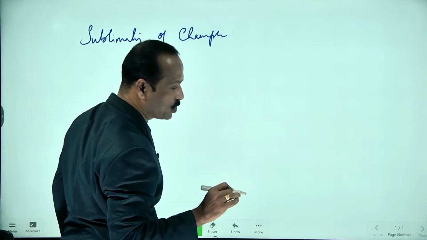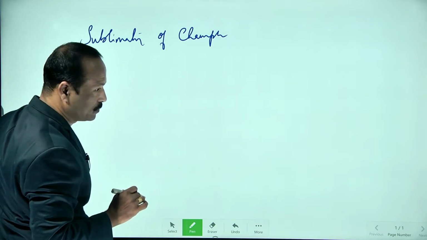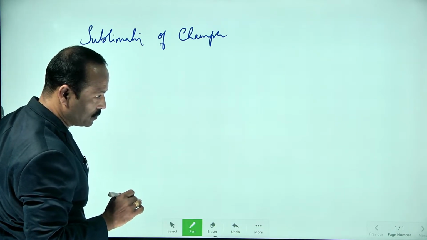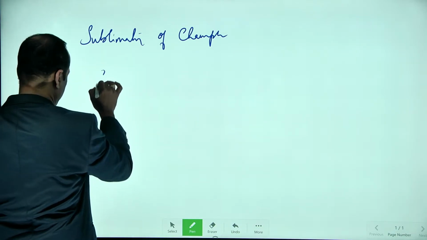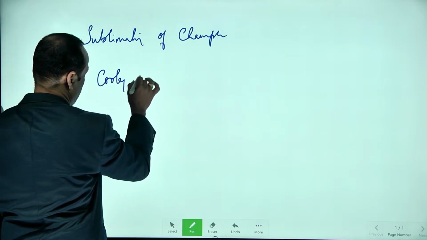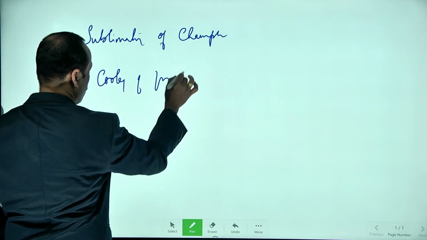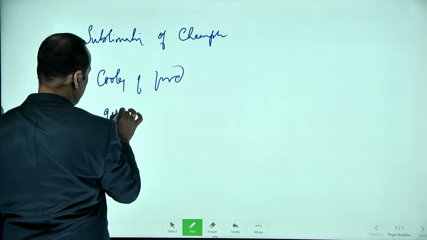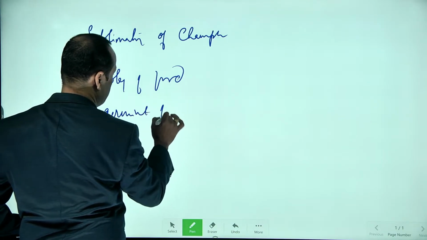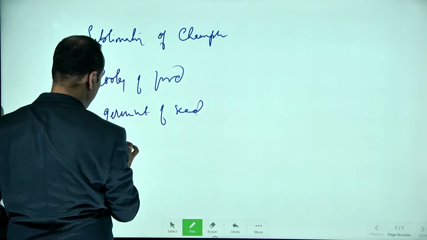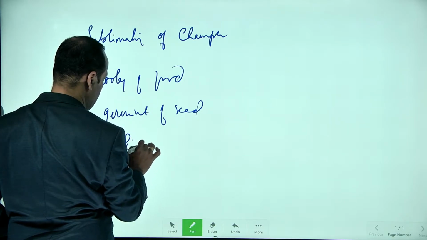Okay. So out of 4 are what? Cooking of food, germination of seeds. Now which is the right answer here?